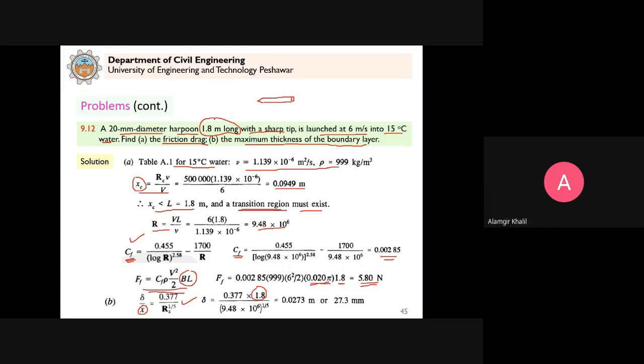Because we saw earlier in the diagram that as x increases, the thickness increases, so the maximum thickness will be at the trailing edge, x equal to 1.8. Less than that, delta will be smaller. But it is asked for maximum thickness, so x should be maximum, meaning the entire length. So this is the maximum thickness of the boundary layer.